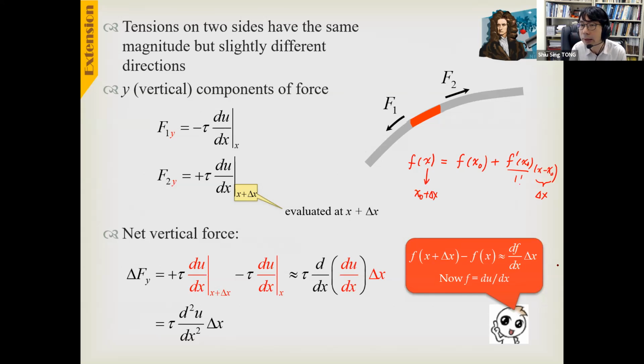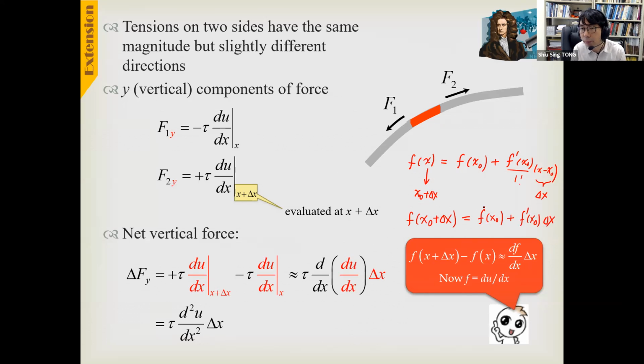Is that right? Now, so if I do it like this, I can rewrite this formula as f of x naught plus delta x equal to f of x naught plus f prime of x naught times delta x. Is that right?